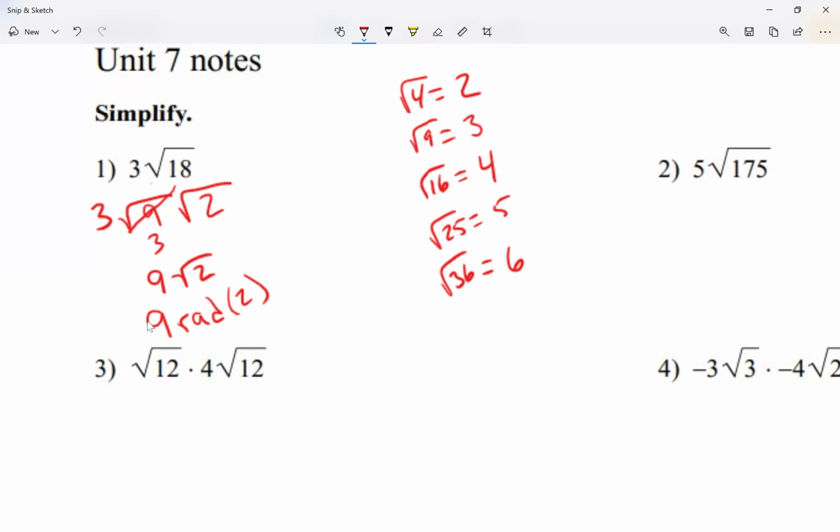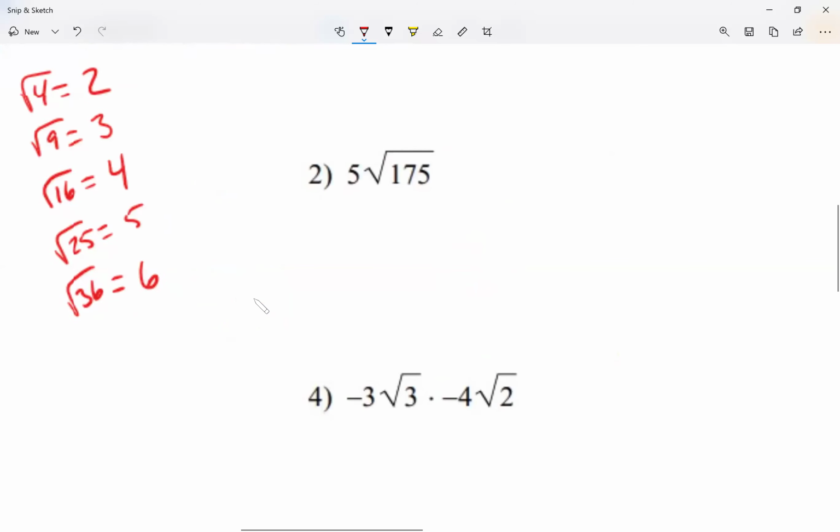So the 9 outside is fine, then rad for radical and then the 2. You see that? 9 radical 2. Don't copy the radical symbol from the internet. Don't call it square root. We are calling it radical. So this is how we're going to write it: 9 radical 2. Okay, good. Let's take a look at question number 2.